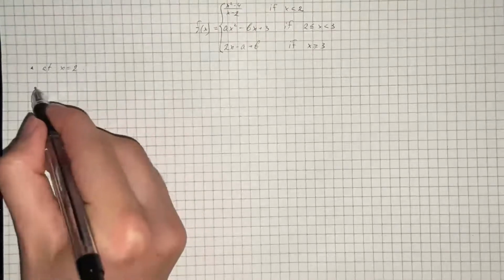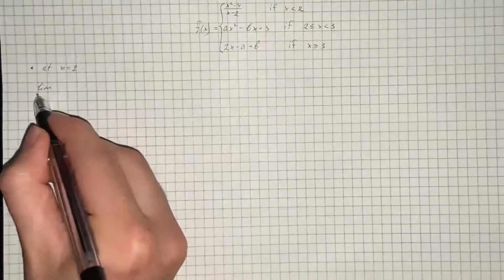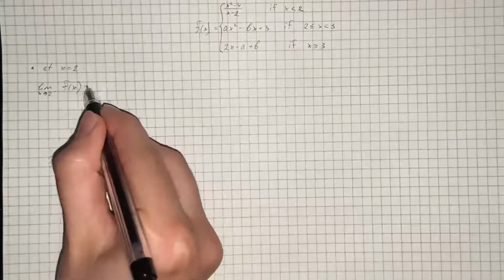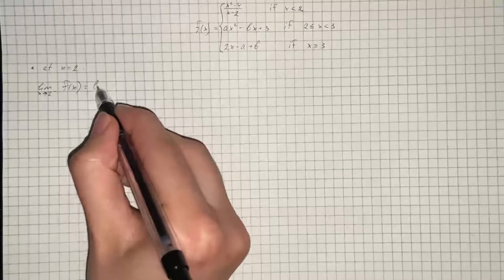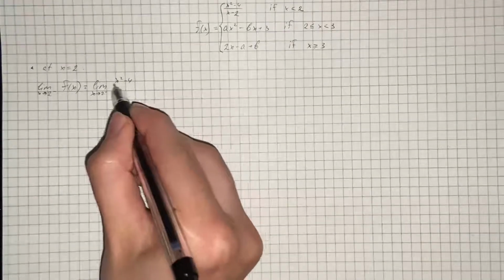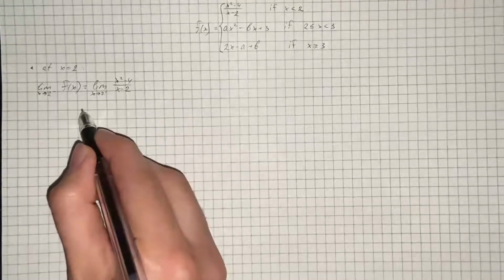2. So at first we're going to start with the left-hand limit. That's the limit as x approaches 2 minus of f of x. And at this point our function equals x squared minus 4 over x minus 2.